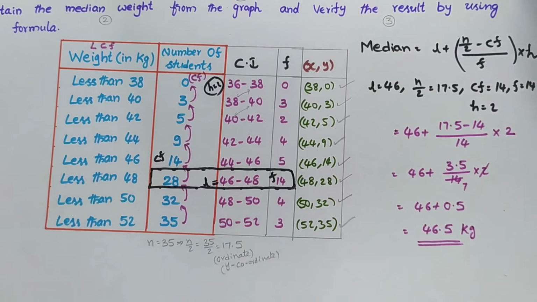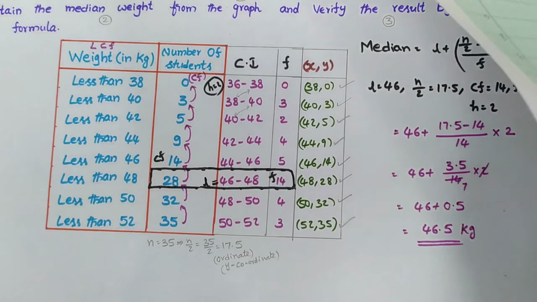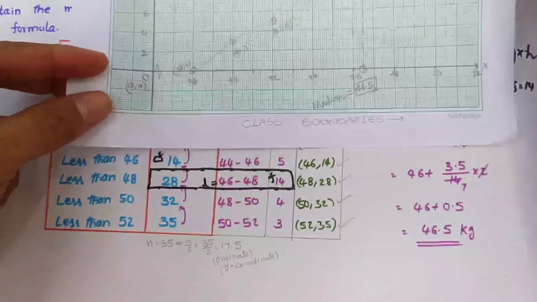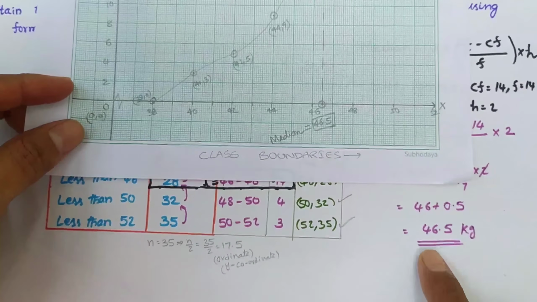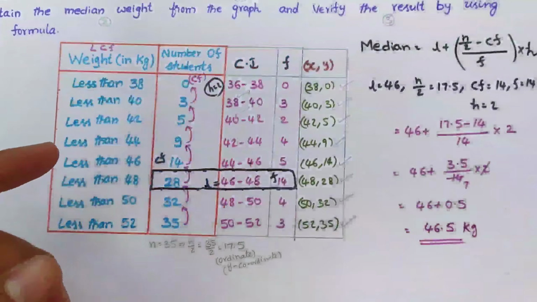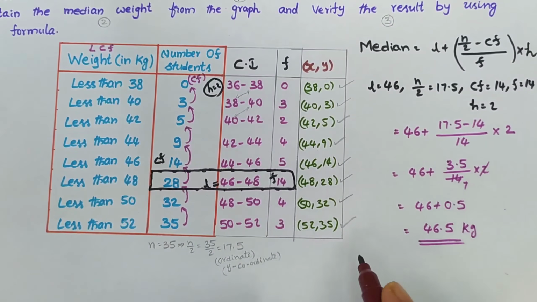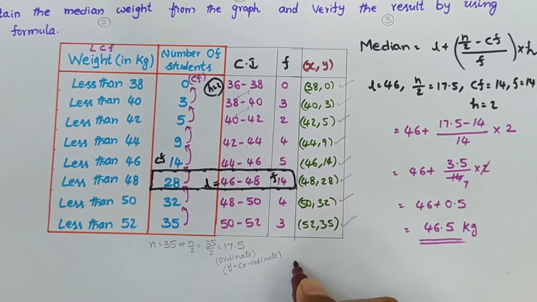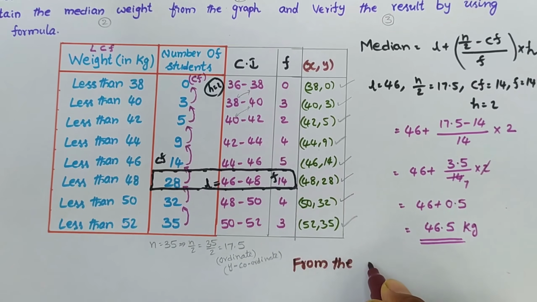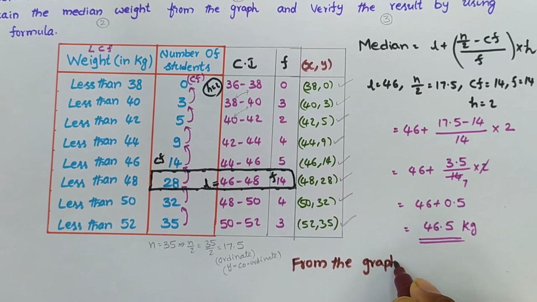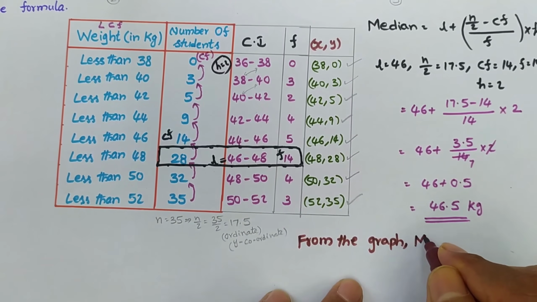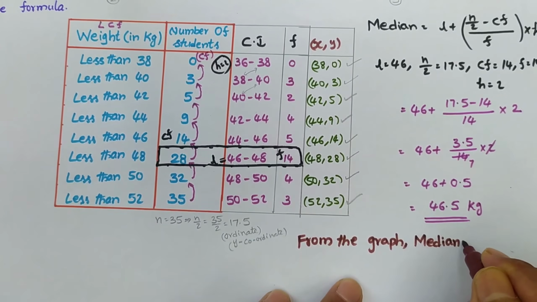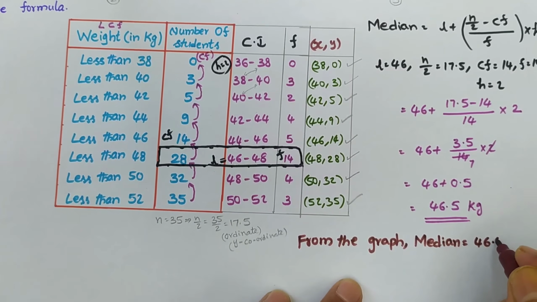Let us verify this value with the graph. In the graph also we got 46.5. Let us mention the same. So here we can write from the graph median is equal to 46.5 kg.